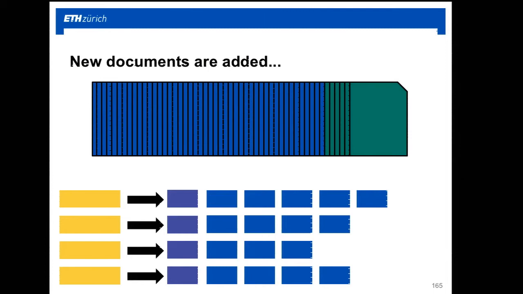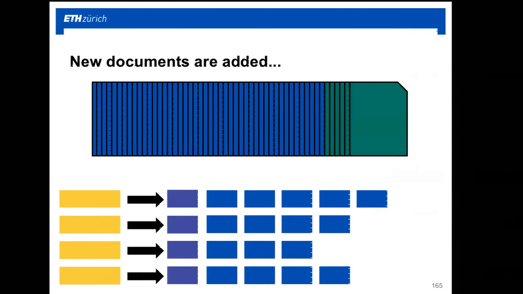What could we do in order to make it work? So this index is only on the blue ones, right? So if we continue to query, we will only answer queries with the blue documents. So what is the easiest thing that we could do in order to add these green documents to the index?